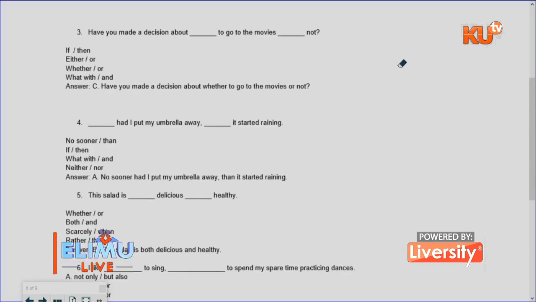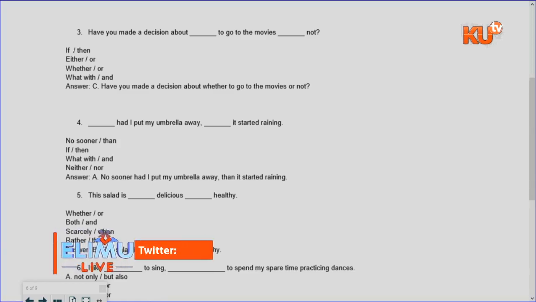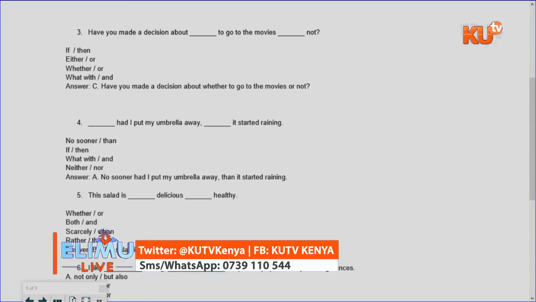Okay. Have you made a decision about dash to go to the movies dash not? Have you made a decision if to go to the movies then not?